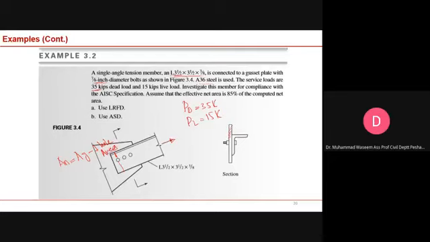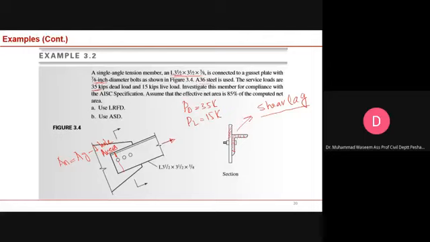Okay. So one thing is that in this type of member, when one part of the member is connected and the second part of the member is not connected to the gusset plate, so this member is not completely connected with the gusset plate. So in this type of member, we have this phenomenon we call shear lag, which can occur in this type of member.